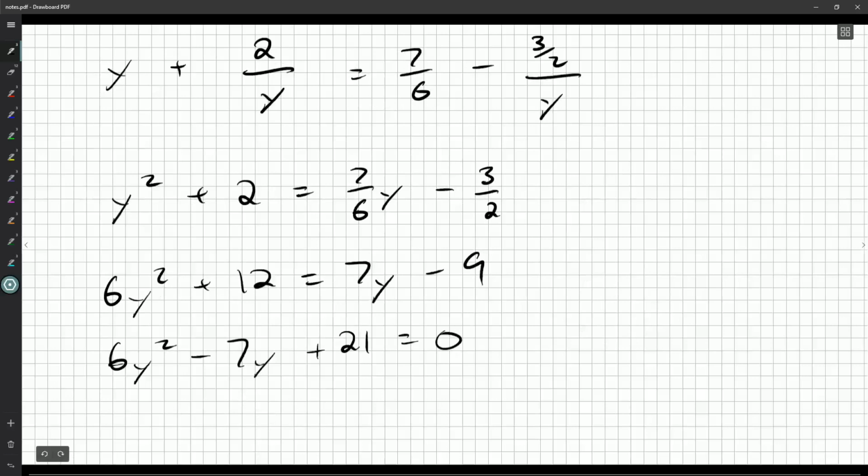But what can we do here? So, do I have to use the quadratic formula? I feel like I might. Yeah, I can't think of an easy way to factor this, so we'll say y is equal to negative b plus or minus square root of b squared minus 4ac, all over 2a. Oh, I don't like this.